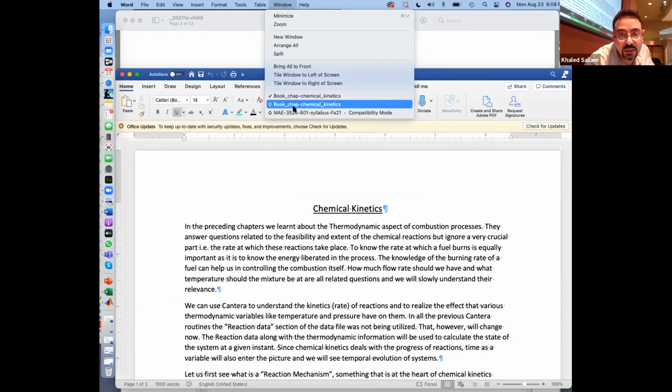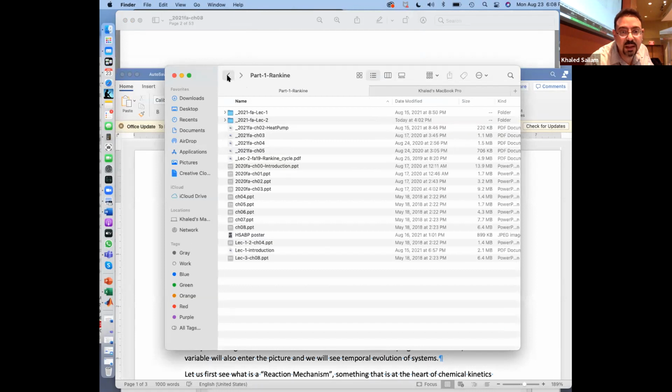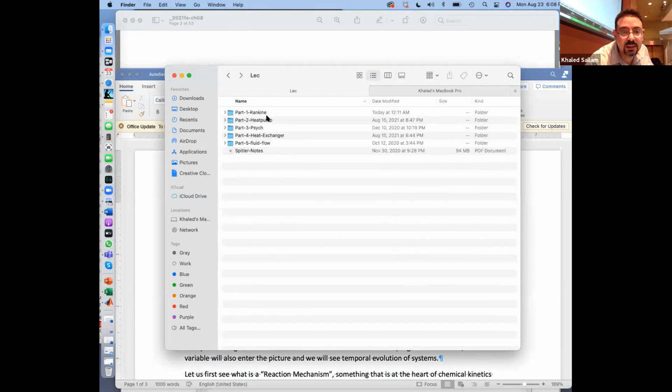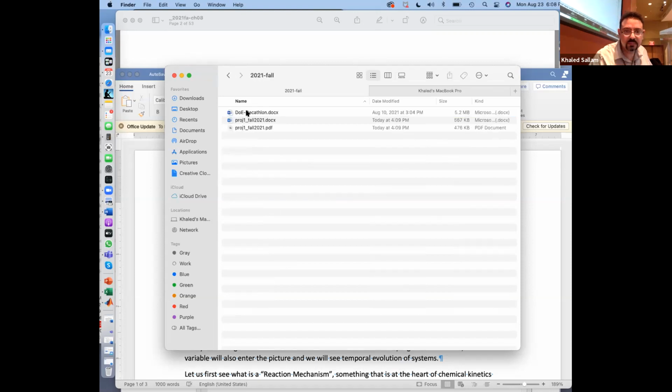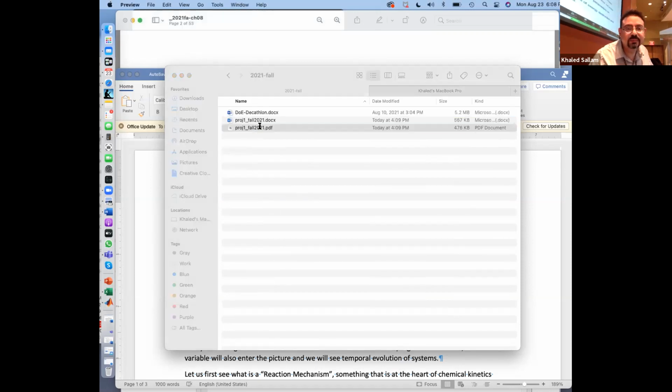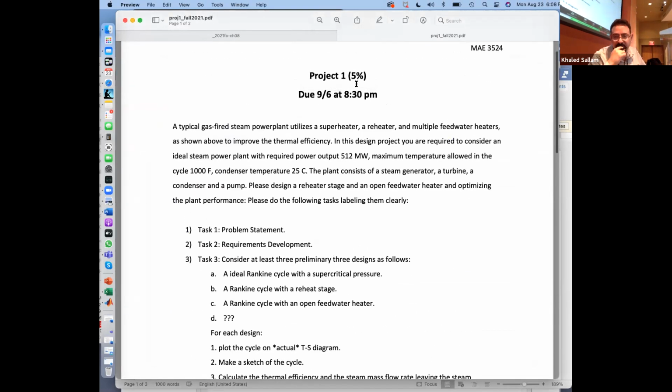In the project, I say plot the cycle on the TS diagram. So homework project, full project 1. So project 1, 5%, due 9/6.